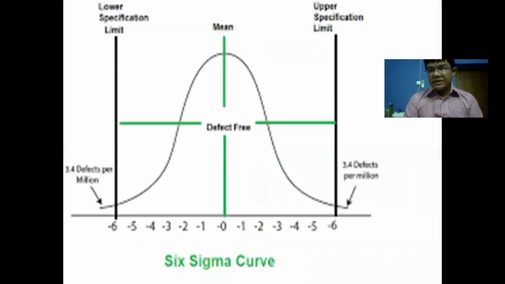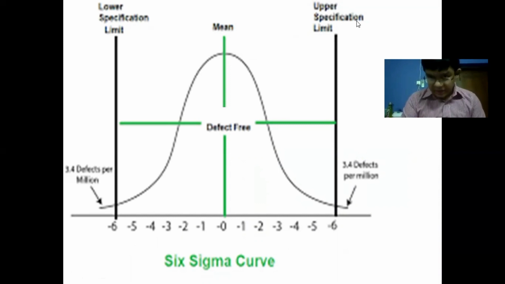Now I will describe the Six Sigma curve. In this curve, this is the lower specification limit, or minimum length in our case. And to the left of this, these values are lower than the lower limit, so they are all defects.